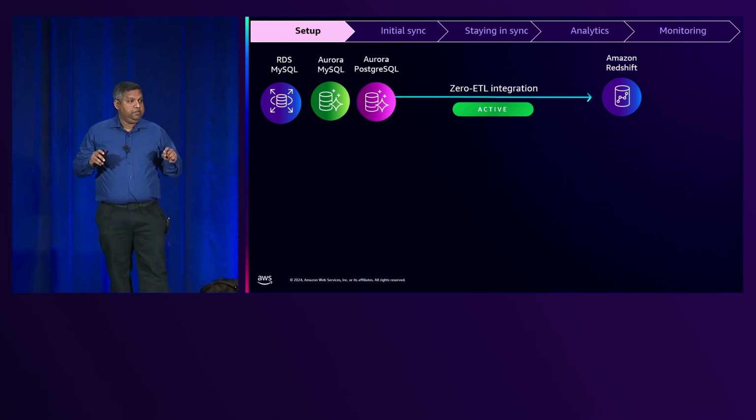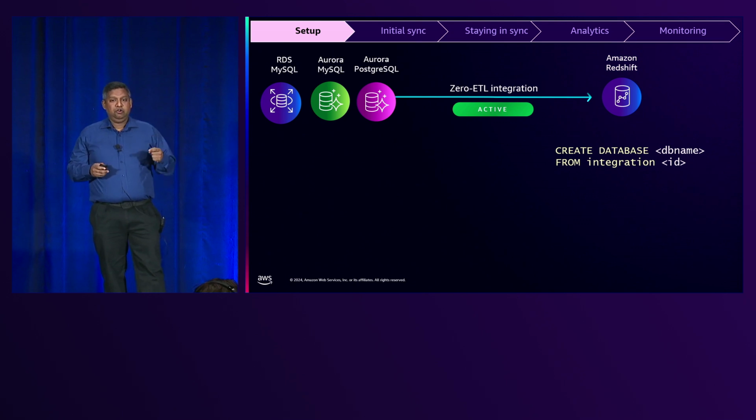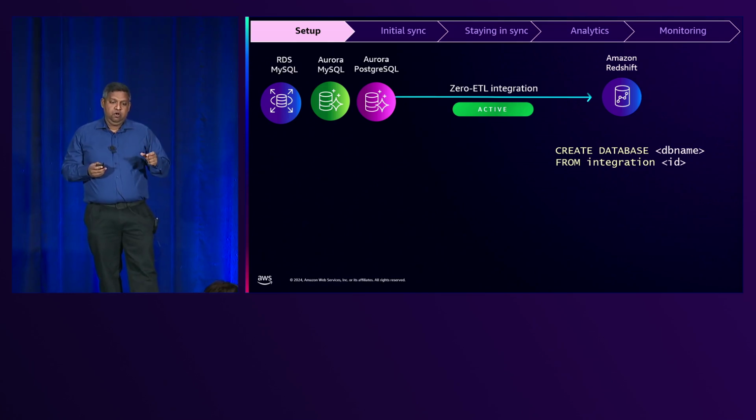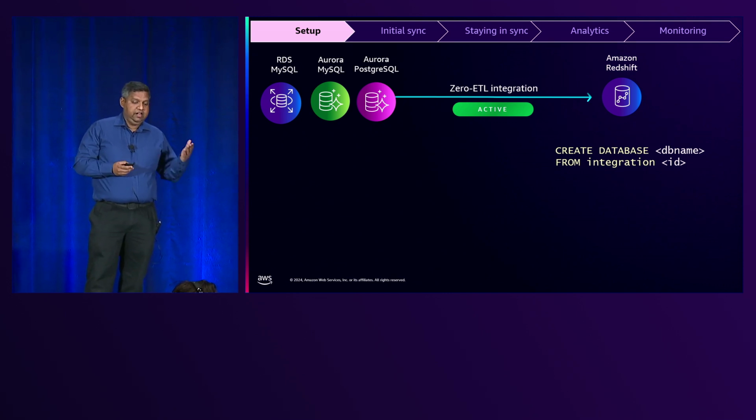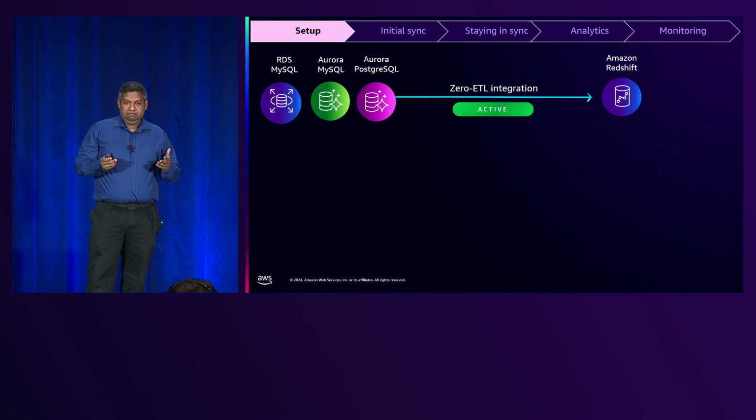In order for you to use the integration, you then go to Redshift and you have to define the database name for your integration. You could do that in two ways, either use the console to create the name, or you could use the CLI in Redshift to say create database from the integration ID that you just created. Once you do this step, you don't have to babysit this integration anymore. The data will now be flowing behind the scene.